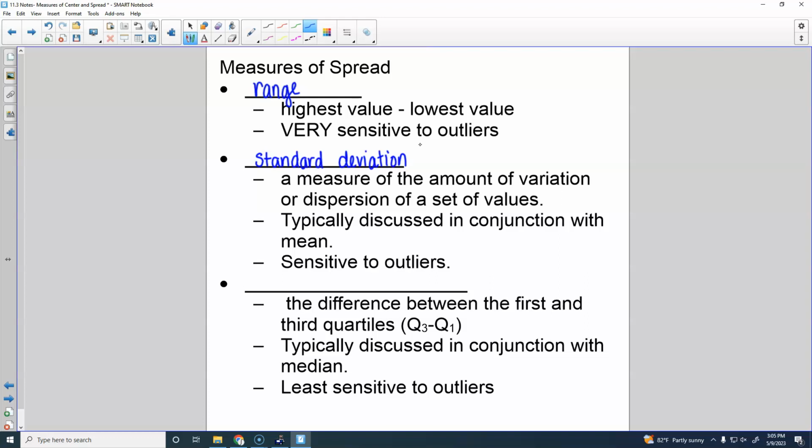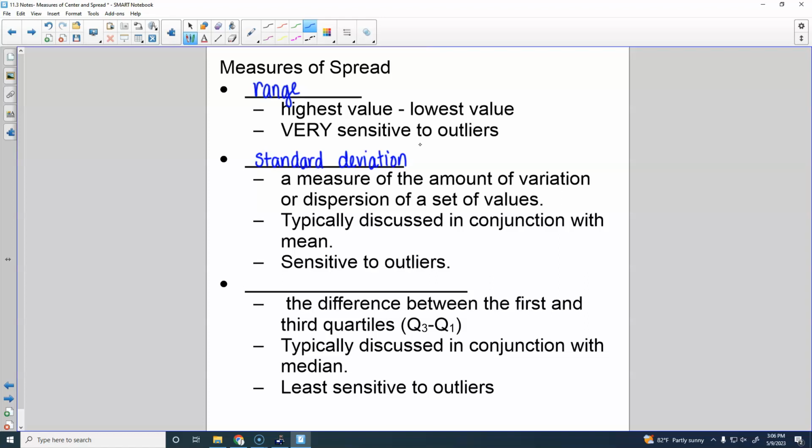So a high value would mean your values are really spread out. A small value would mean your values are really close together. Typically, you're going to discuss this in conjunction with mean. It is sensitive to outliers because it relies on the mean. However, not quite as sensitive as the range because the range basically uses the outliers only.